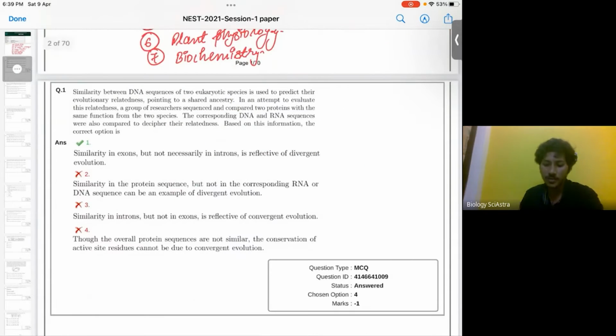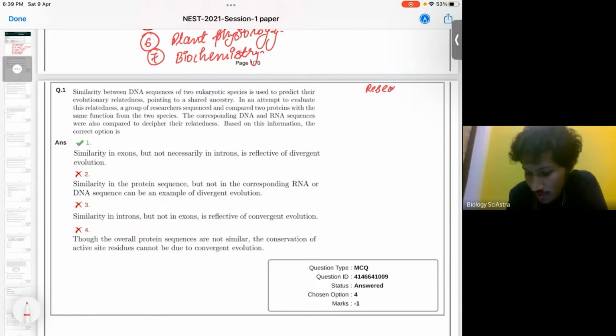Like this first question, I will not read the whole question. I will just tell you what the question asks. In this question they say that a group of scientists, researchers, wanted to study the common ancestry between 2 species.